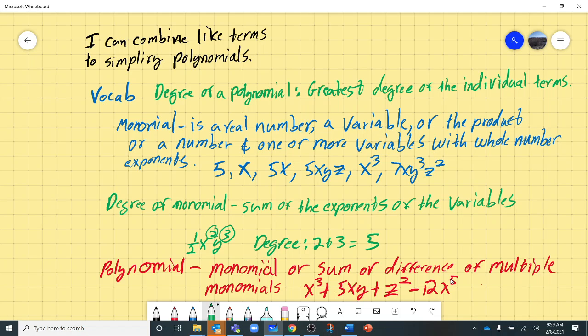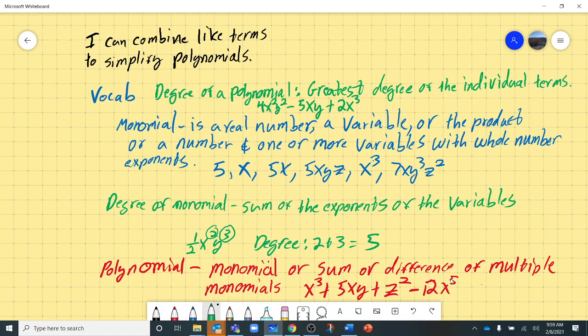Okay, so just a quick kind of throw together example of this. If we had 4x squared y squared minus 5xy plus 2x cubed. Our 4x squared y squared, we would add the 2 from the x and the 2 from the y.